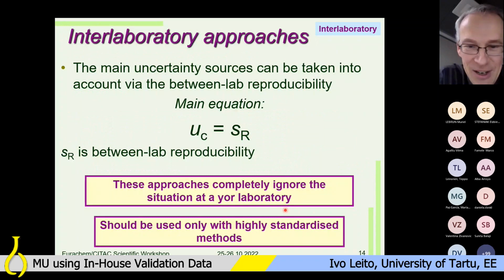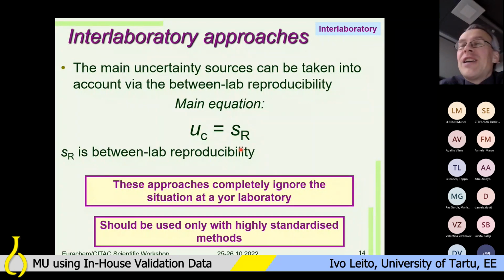Finally, let me comment a little bit on the interlaboratory approaches. Here, what is done is the following. Essentially, it is assumed that the combined standard uncertainty is equal to the standard deviation between laboratories. And there were two approaches, if you remember.